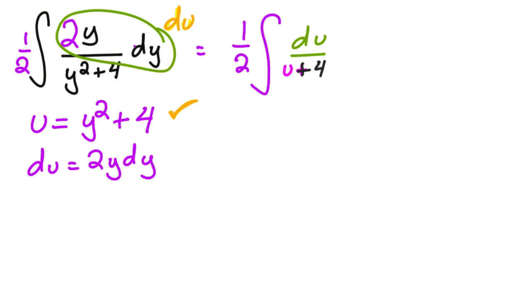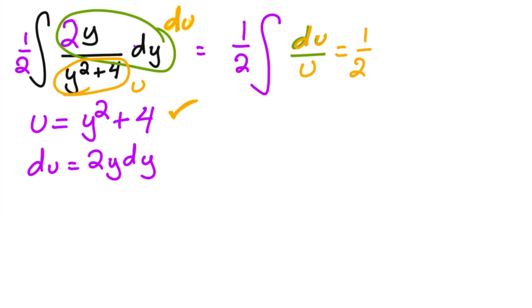Let's do mustard. Okay, du doesn't change. It's the same. But what does change is it makes the denominator simply u. Only u. That's it. It's just u, because u is y squared plus 4. So you swap this entire thing for u. And so now this one we can find the antiderivative of.